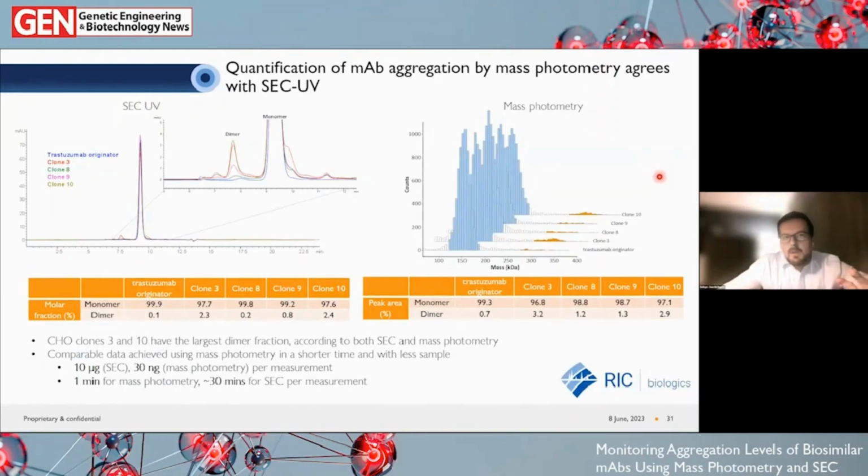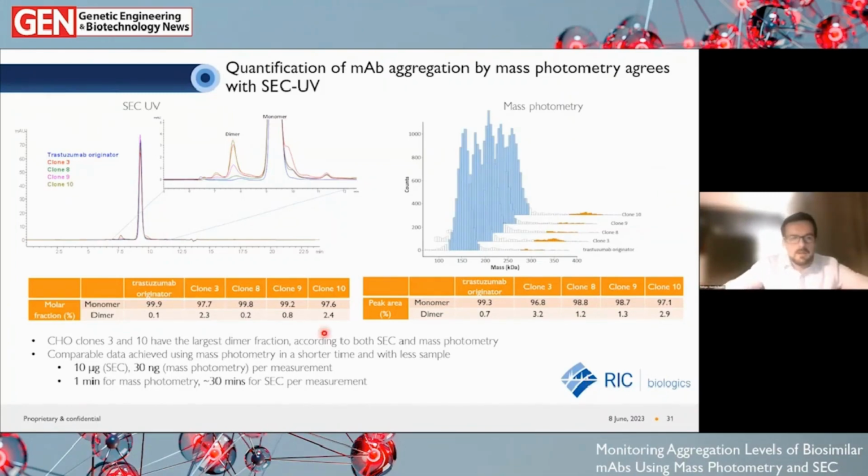So if we put that data together in a single slide, rather than you having to try and remember the slides separately in your mind. Certainly with mass photometry, the quantification of aggregation agrees nicely with SEC-UV.